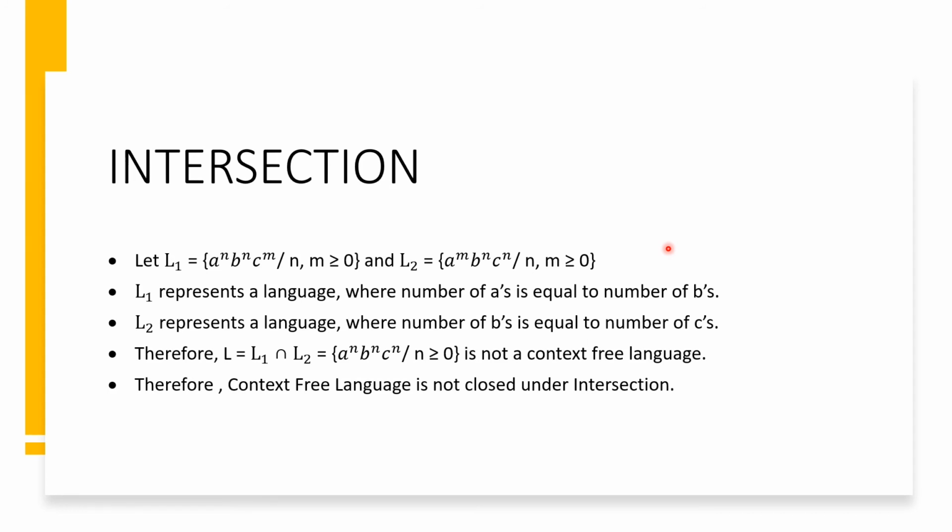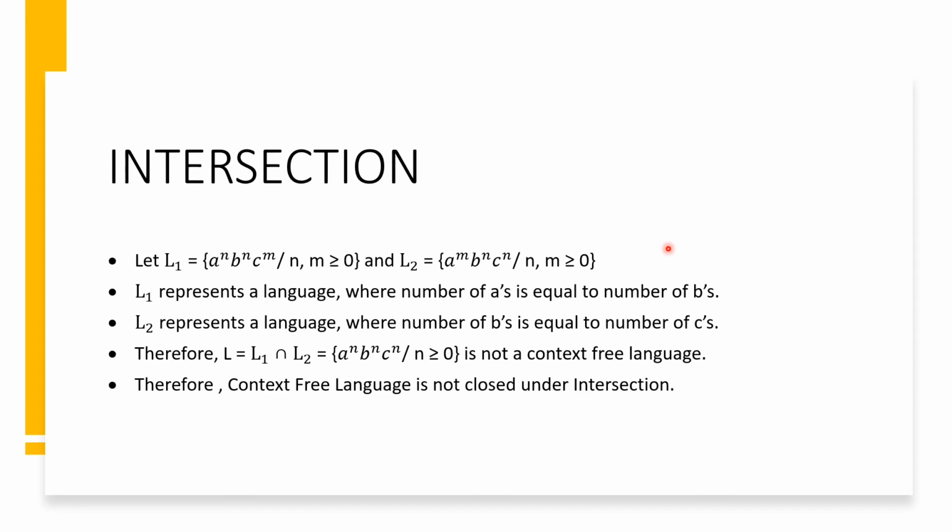Let L1 be a power n, b power n and c power m, where n and m are greater than or equal to 0, and L2 equal to a power m, b power n and c power n, where n and m are greater than or equal to 0. L1 represents a language where the number of A's is equal to the number of B's, and L2 represents a language where the number of B's is equal to the number of C's.